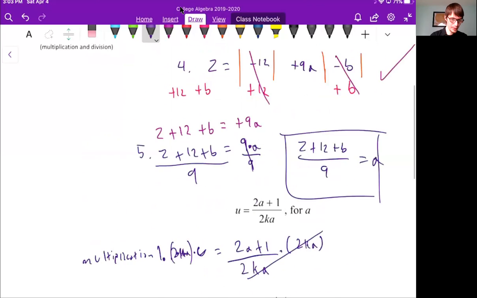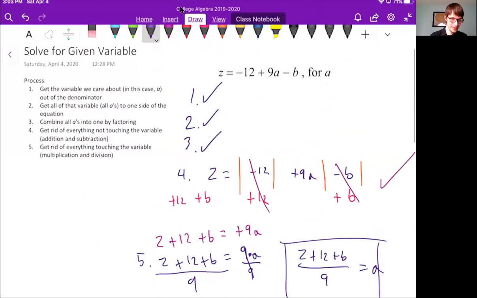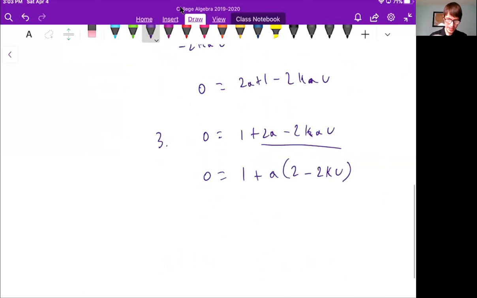At this point, we move on to step 4. We're going to get rid of everything that's not touching the variable, and we're going to do that same sectioning thing we did before. So step 4, we've got 0 equals 1 plus a times (2 minus 2ku), and we will section it off. Every time I see a plus, I'll make a section line right there.